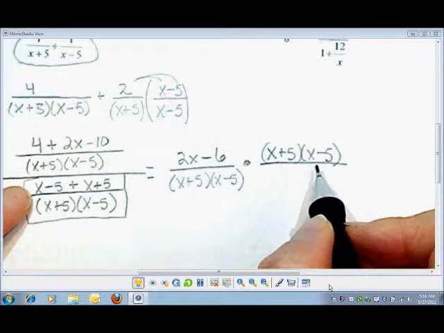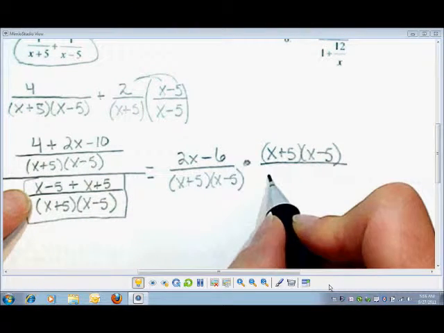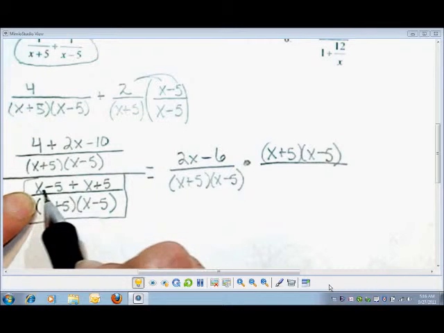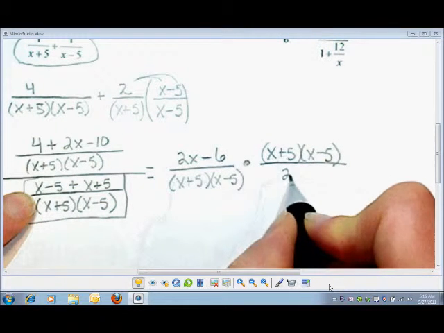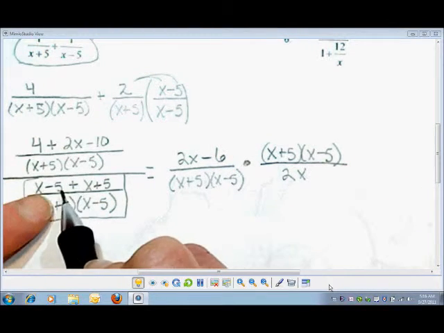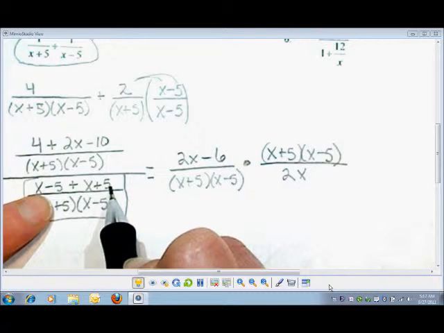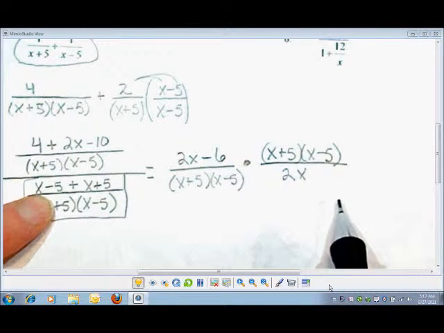And in my denominator, let's clean this up, I have x plus x, which is 2x, negative 5 and 5 is 0. Okay, starting to look a little better.